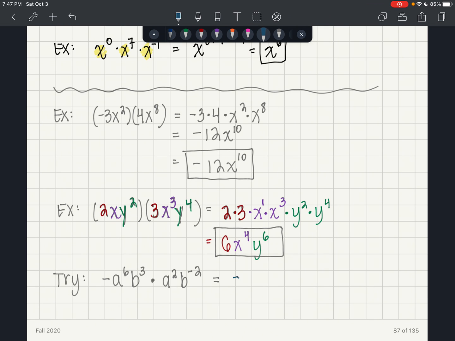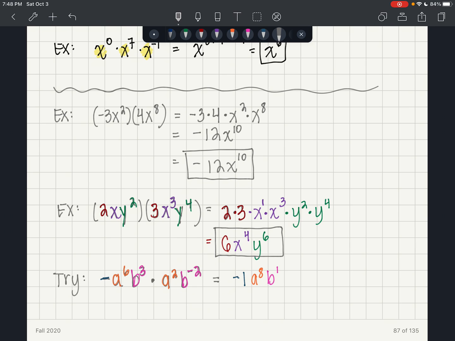Okay, I made this a negative 1, so I made that negative a negative 1, and then a to the 8th, and then b to the first power.